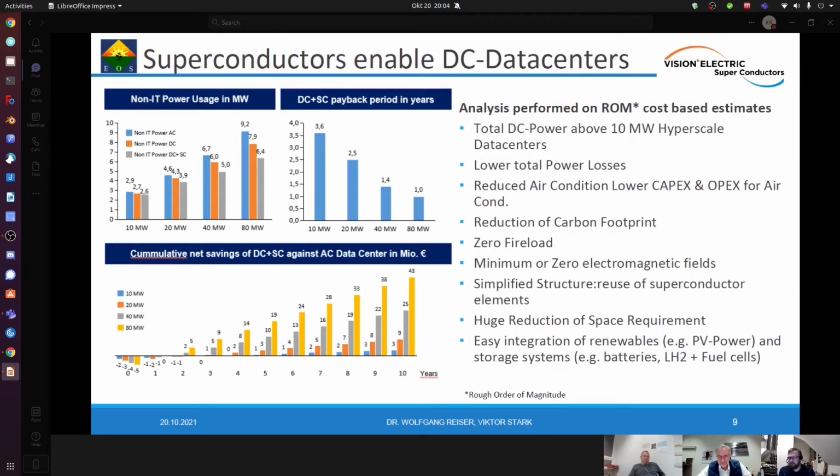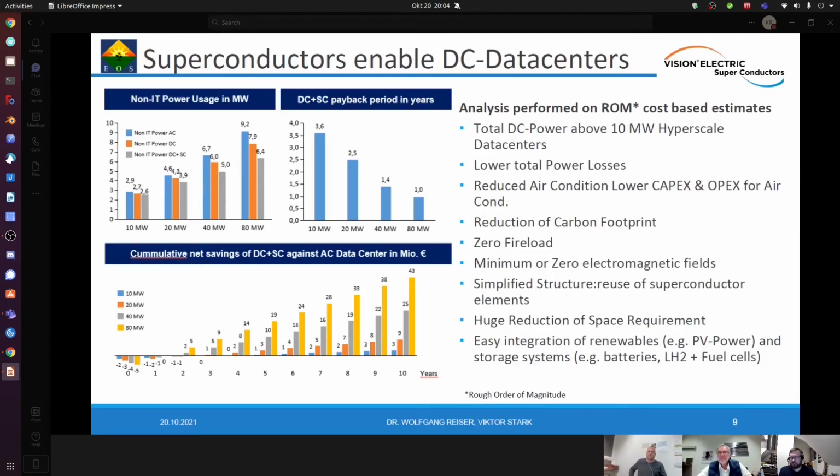And therefore, we also bought some studies, and we also engaged a consulting company to help us getting through all the figures. And the figure here below are the cumulative net savings of using a direct current data center together with superconductors.